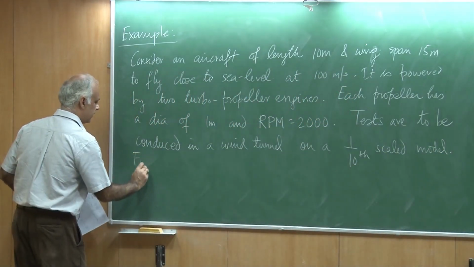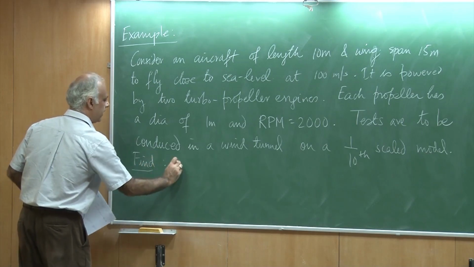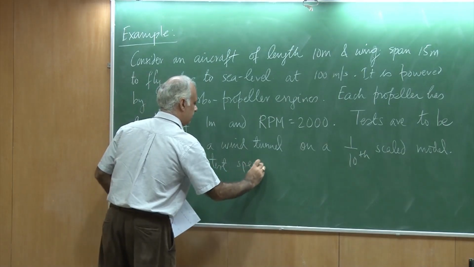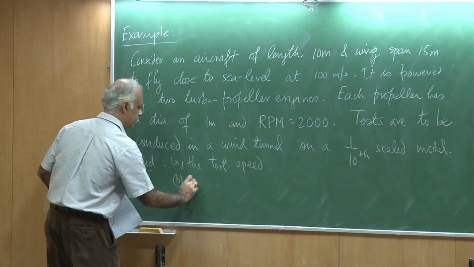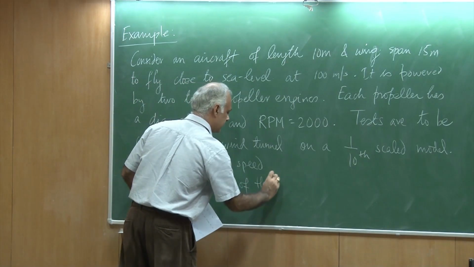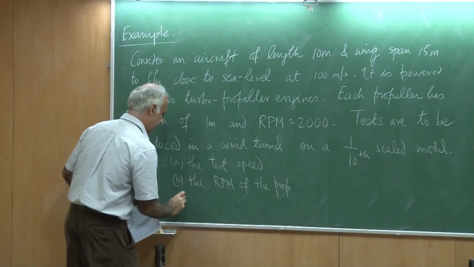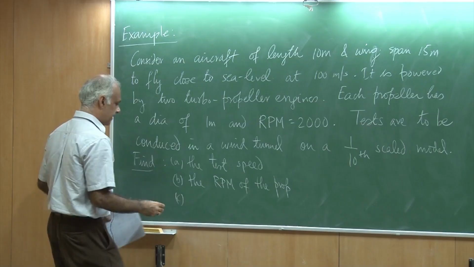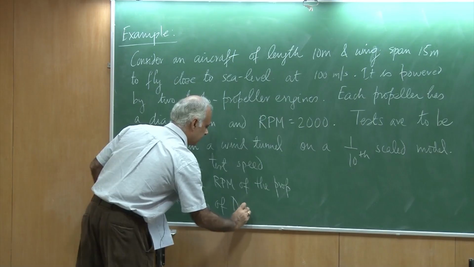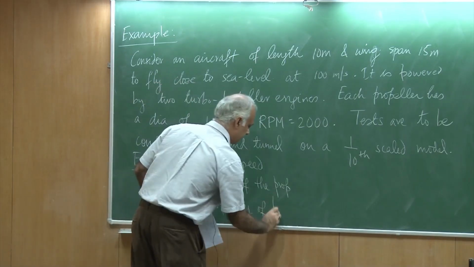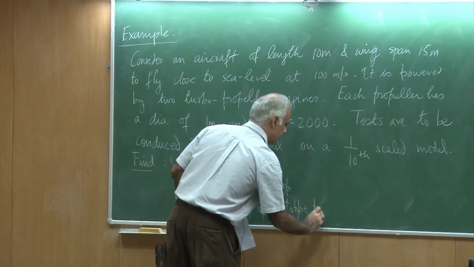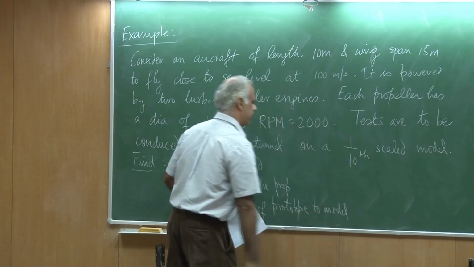So, find A, the test speed, B, the RPM of the propeller, and C, the ratio of drag of prototype to model. Okay.